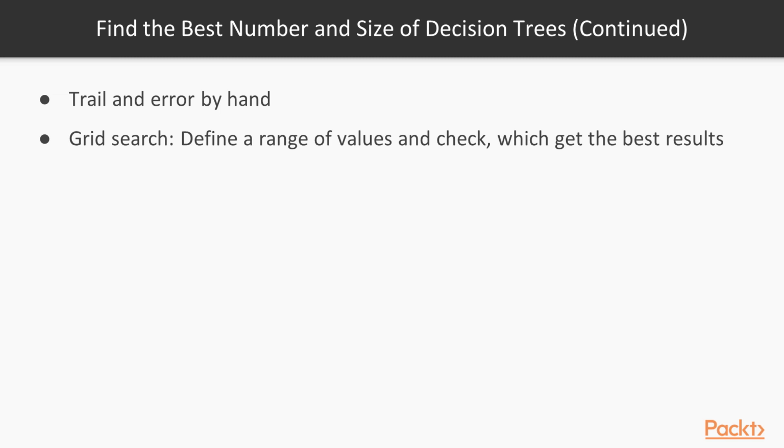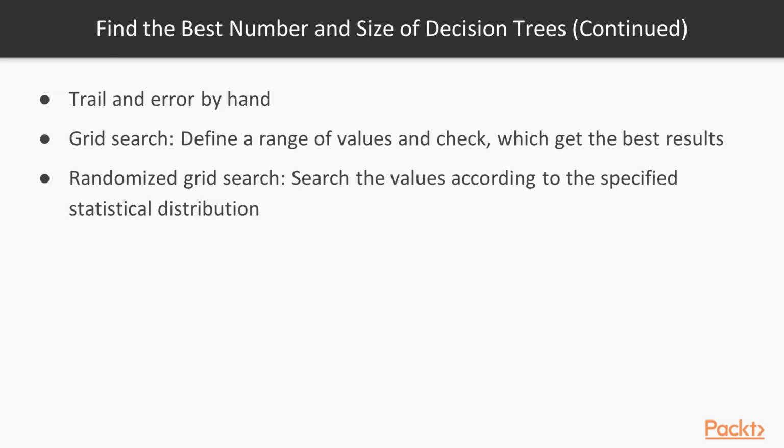So pretty easily, using grid search, you can look for those hyperparameters. We have to define the range, and then we test each value and see how our model performs. We also can do that in a more random way, using an additional layer of randomness.